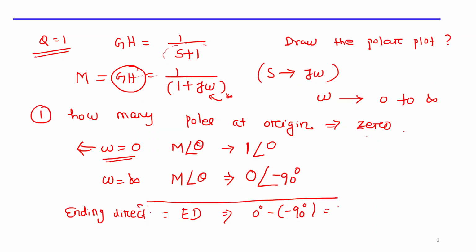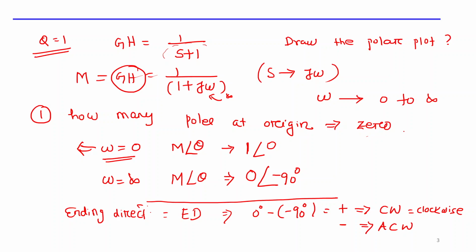I only have to consider the sign, whether it is positive or negative. 0 minus of minus 90 is positive. If it is positive, then the angle is clockwise. CW means clockwise; I will not write clockwise again, just follow my convention. If this value is negative, then the direction will be anti-clockwise. This is the ending direction I am saying.